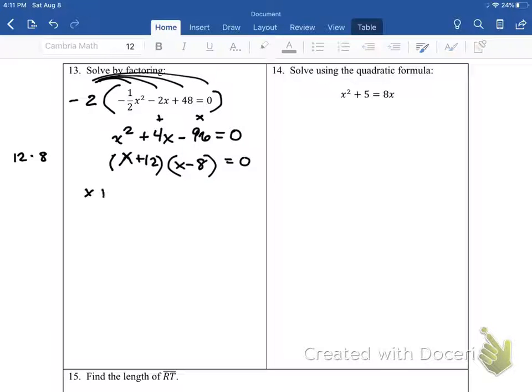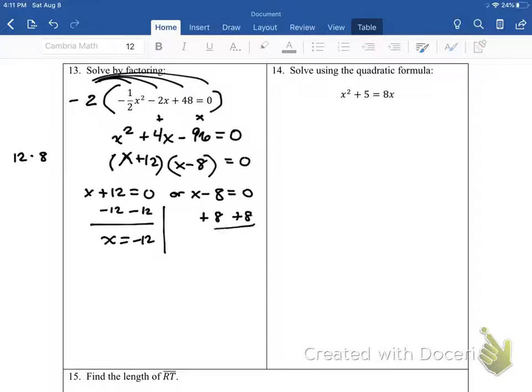So I'm going to set x plus 12 equal to 0, or x minus 8 equals 0. Set each linear factor equal to 0, and then subtract 12, x equals negative 12, plus 8, x equals 8. And those are my solutions, negative 12 and 8.